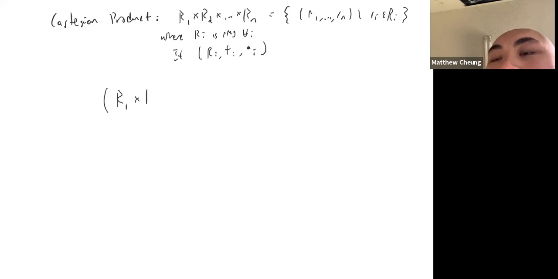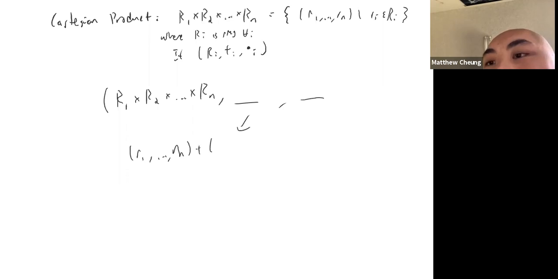Where the operation is component-wise. Instead of just writing what this is, I'll write how you do it. So take (r1, ..., rn) and (s1, ..., sn). We have plus and times. How do you add them? It's component-wise.